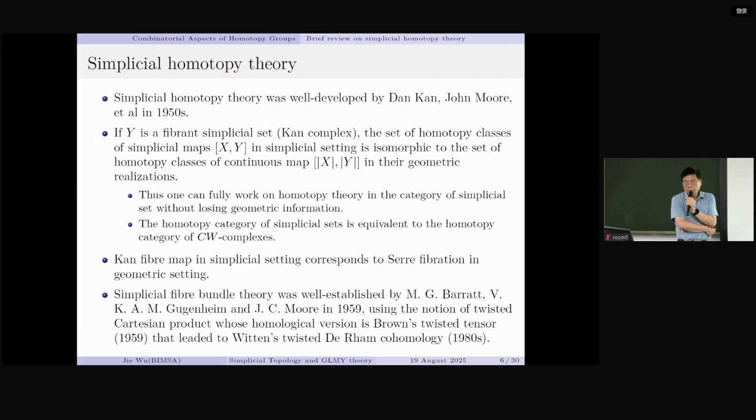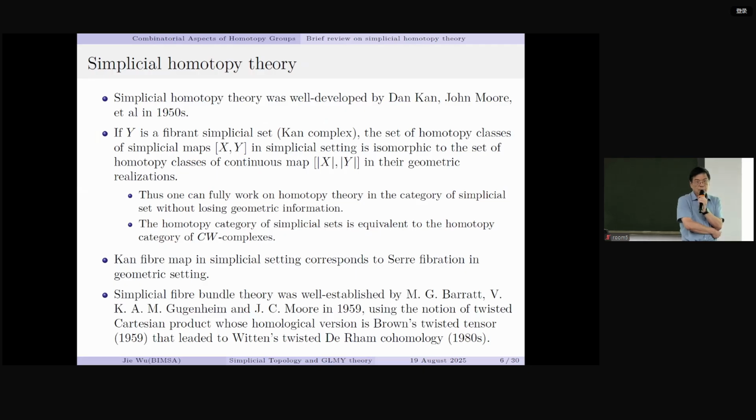I will just highlight a few things we should do here. One important concept is the Kan complex. In the previous slide you saw infinity groupoids; another way to say this is just a fibrant simplicial set.